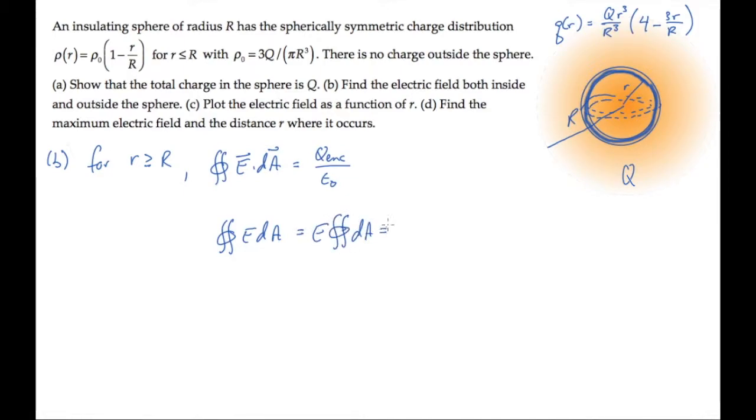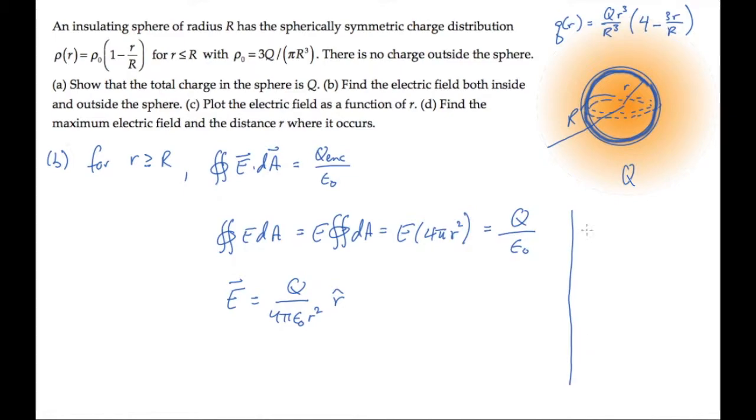The electric field is constant on that Gaussian surface, so we end up with this familiar result. The charge enclosed by that Gaussian surface is the entire charge capital Q that we found in part A. So the electric field is just Q over 4 pi epsilon naught r squared in the r hat direction.